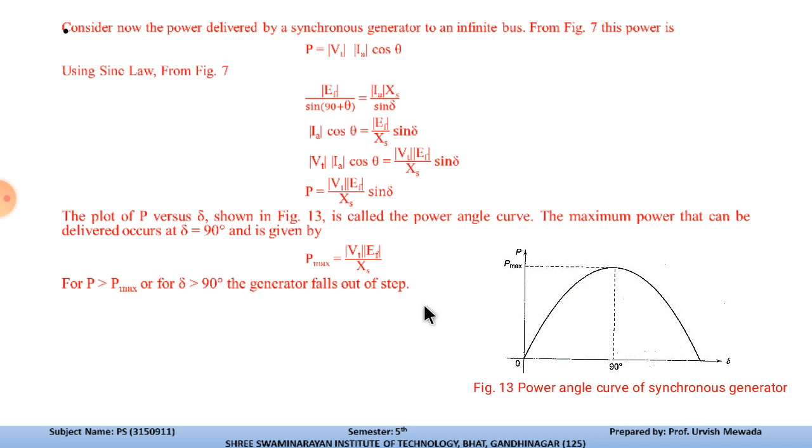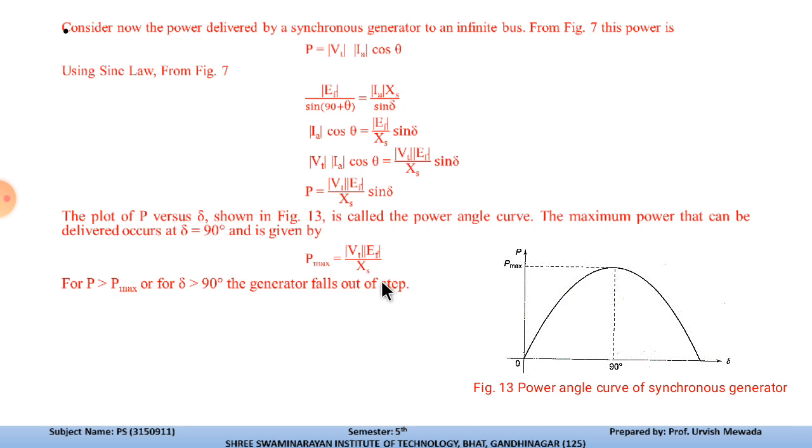So we need to maintain this angle delta to maintain the maximum power of the power system by varying the excitation of the synchronous machine. Whenever our generator is connected with the infinite bus, or an interconnected power system, this is the necessary condition to maintain the terminal voltage of the synchronous machine. This terminal voltage can be maintained only by changing the excitation of the machine.